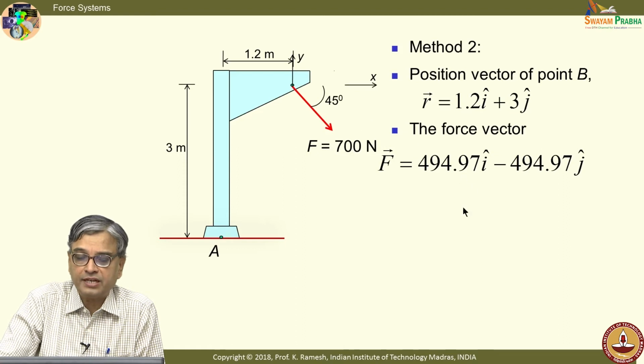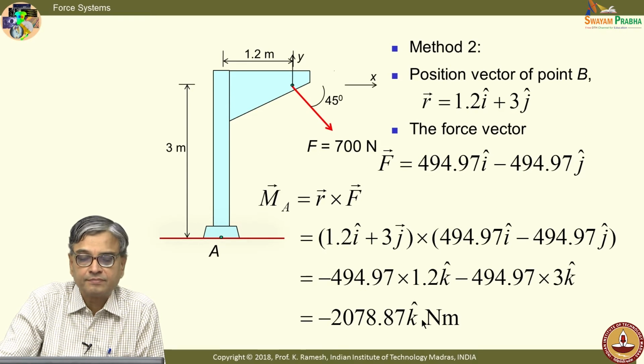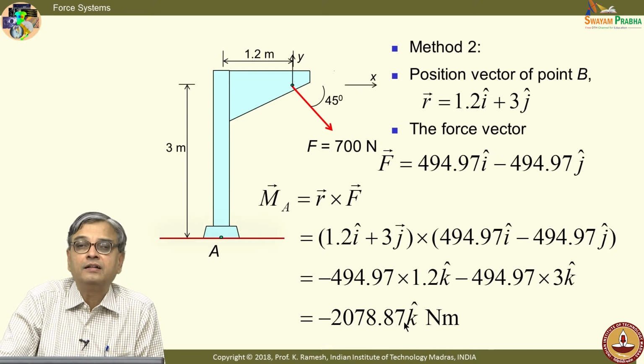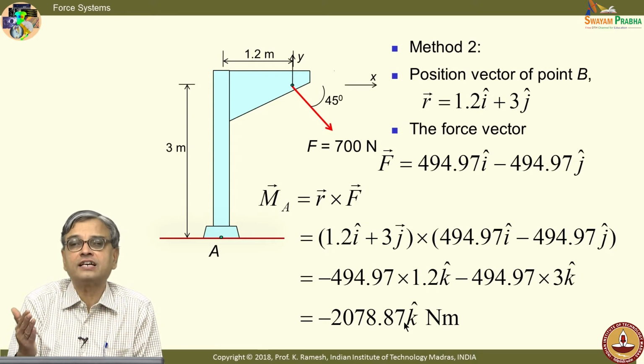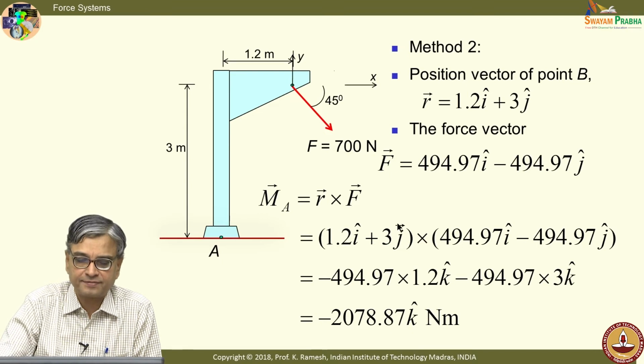I put the distances properly and I put this r cross F. So, when I do the r cross F, I get the value again same as minus 2078.87 k. So, it is straightforward. The third method is I can also find out the distance d and do it. All of them should give you the same answer.